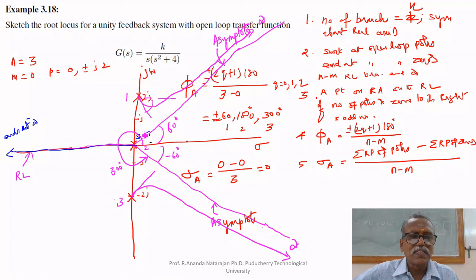It goes to infinity parallel to that asymptote, but at what angle it is coming out of that pole, we do not know. Are you able to understand what I am saying? The open loop pole is at 2j. The root locus is coming out of that 2j. At what angle it is coming out, we do not know. There is one rule for that, that we will see now.